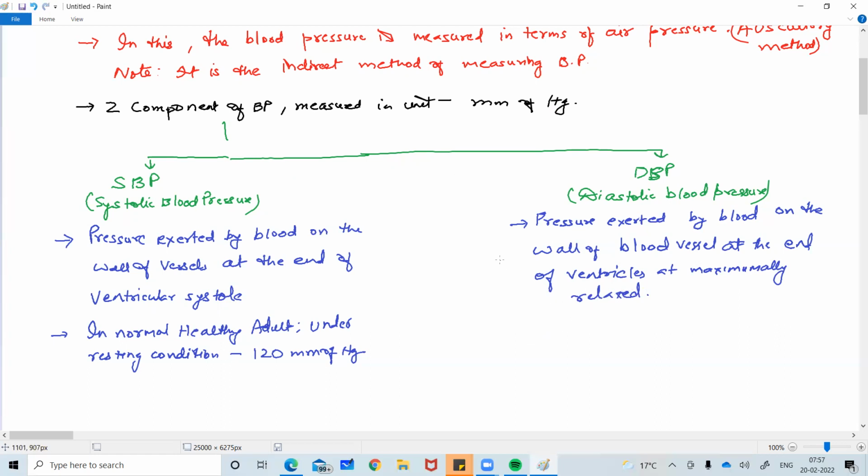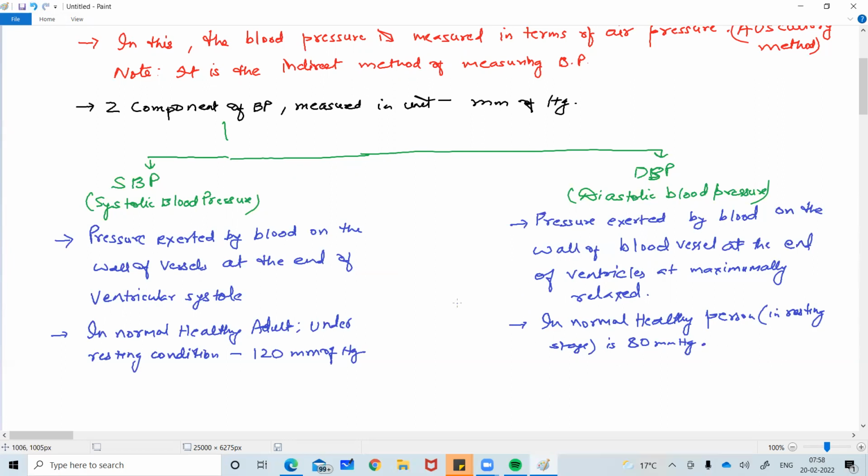And this is around 80 mm of Hg in a normal healthy person in resting stage. Right?